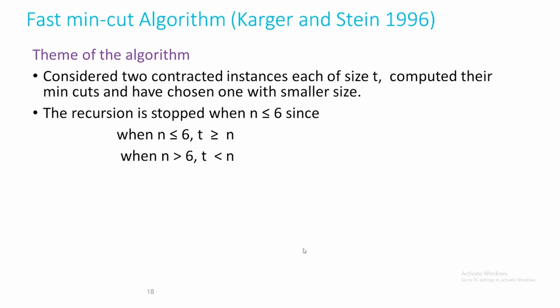The recursion is stopped when n is less than or equal to 6. Why? When n is less than or equal to 6, T is greater than or equal to n. Just verify that. What is your T? T equal to C log base (1 plus n by root 2). Just substitute some numeric values. When n equal to 4, what is the value of T you are getting?